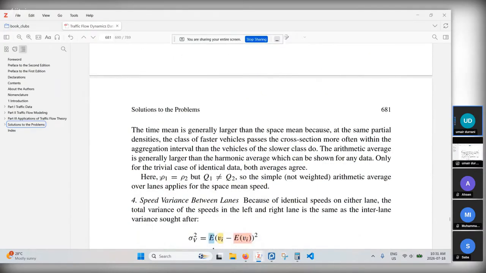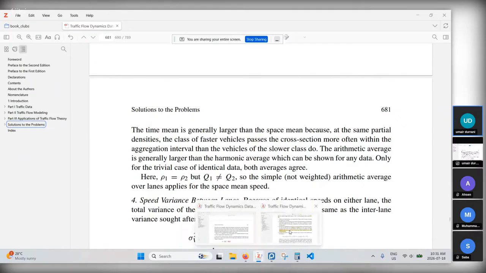So here they say the answer to that question is that the density in lane one is equal to the density in lane two, but their flows are not equal. So the simple arithmetic average over lanes applies for the space mean speed. That statement will only be true if we are estimating the space mean speed.